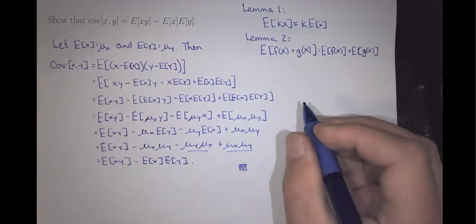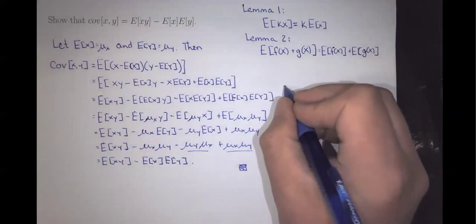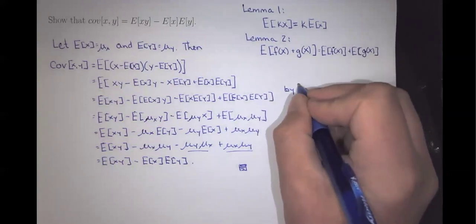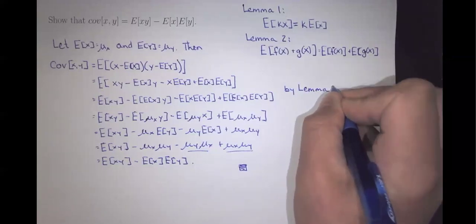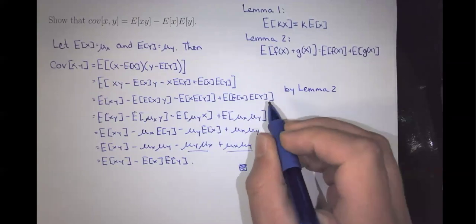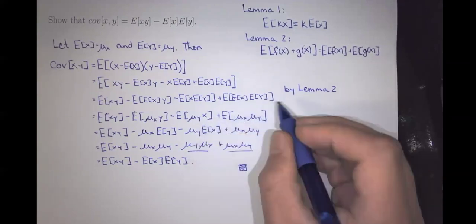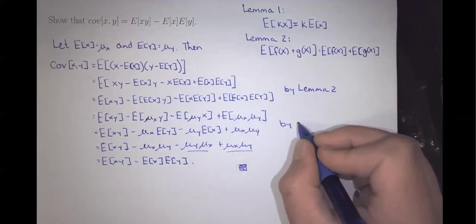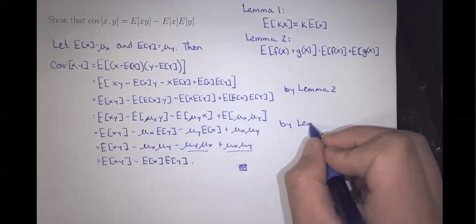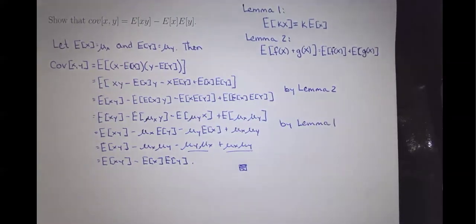We used lemma 2 here, and we used lemma 1 when we took these constants, the mu's, outside of the expected value. So we needed to use both of our lemmas in order to prove this.